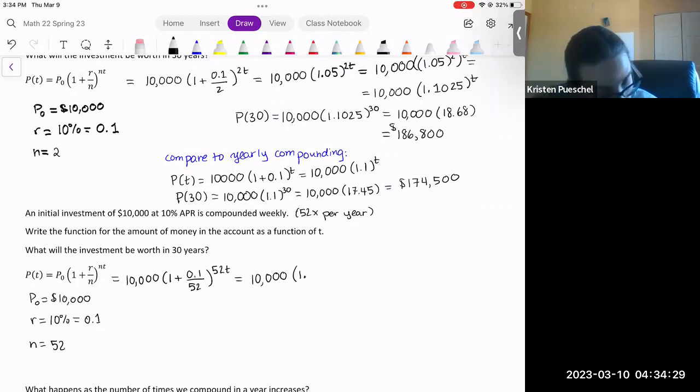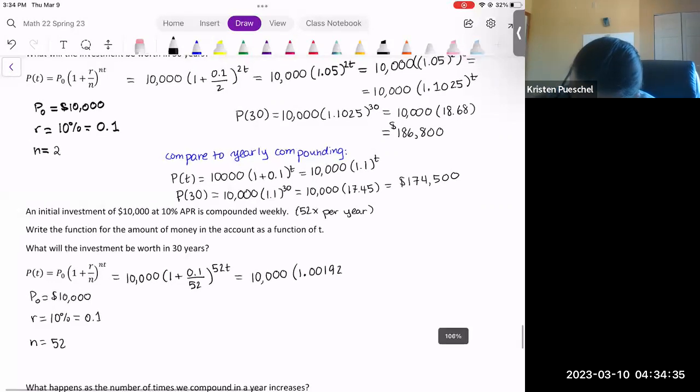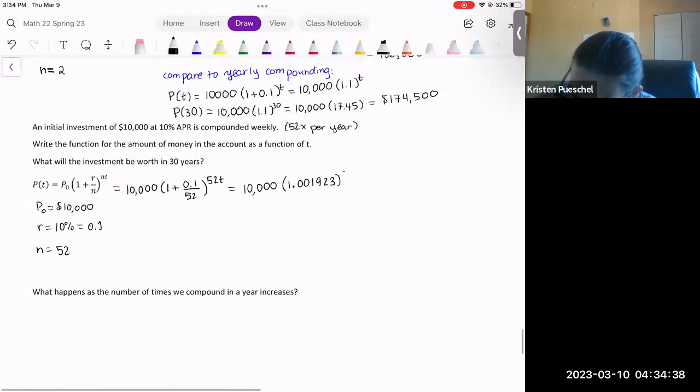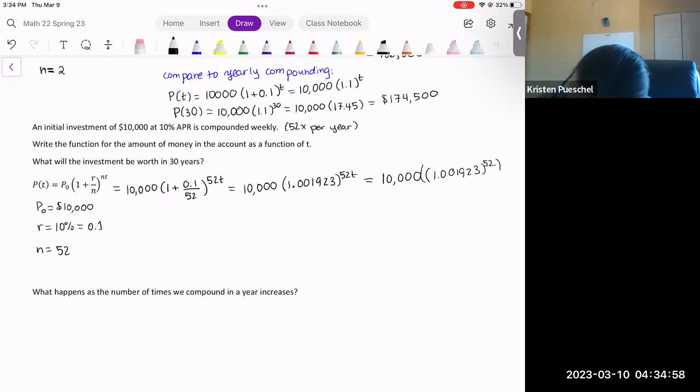So this is 1.001923 for the 52t. And I think it's helpful to see what's going on if we rewrite this as 1.001923 to the 52nd power, all to the t, because that will tell us what we're actually making in a given year.